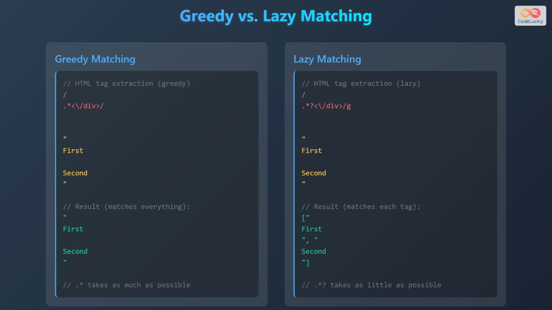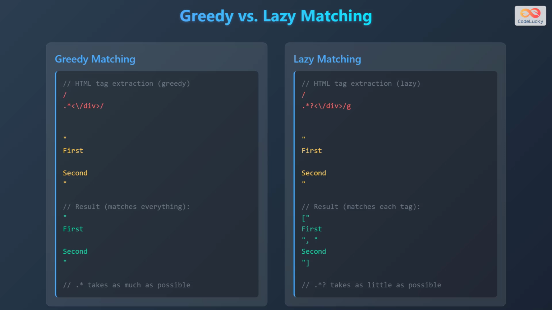When applied to the string <div>first</div> <div>second</div>, the result is <div>first</div> <div>second</div>. This is because the .* takes as much as possible, matching everything between the first <div> and the last </div>.